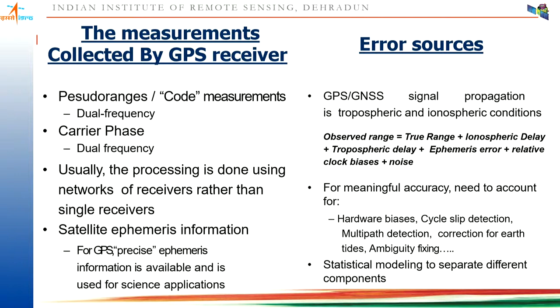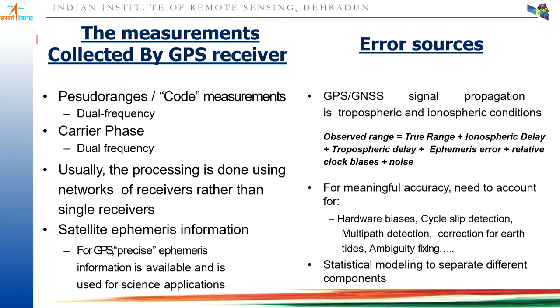Now, what are the error sources? GNSS signal propagation is affected by tropospheric and ionospheric conditions. If you see the observed range, how you get the range is basically the time delay multiplied by the velocity of light. How do we find the time delay?